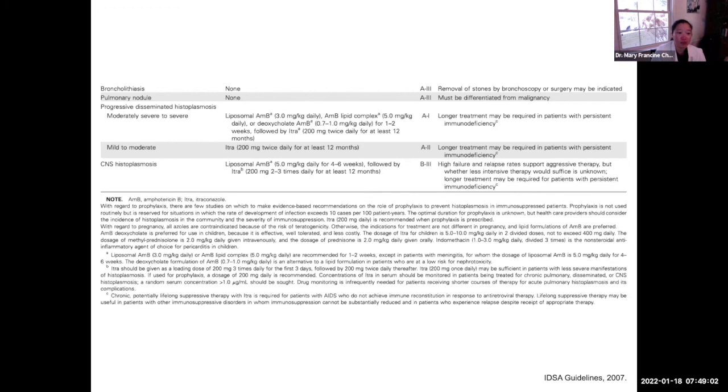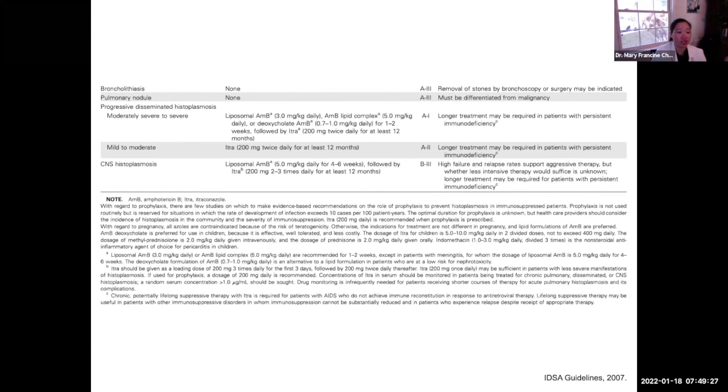And then you have your progressive disseminated histoplasmosis. If it's moderately severe to severe, again, you start with your amphotericin B, either liposomal or deoxycholate, for at least 1 to 2 weeks, followed by itraconazole for 12 months. If it's mild to moderate, then you can just go straight to itraconazole for 12 months.